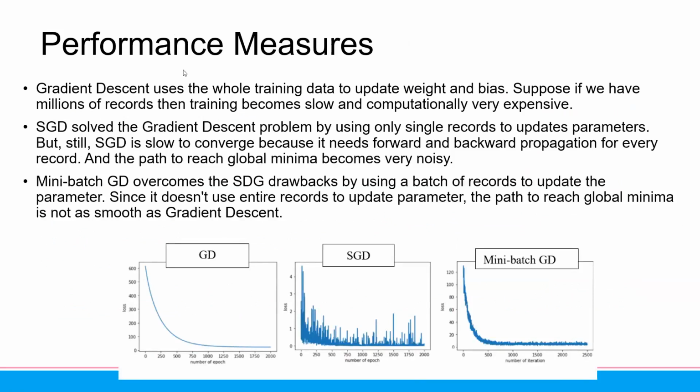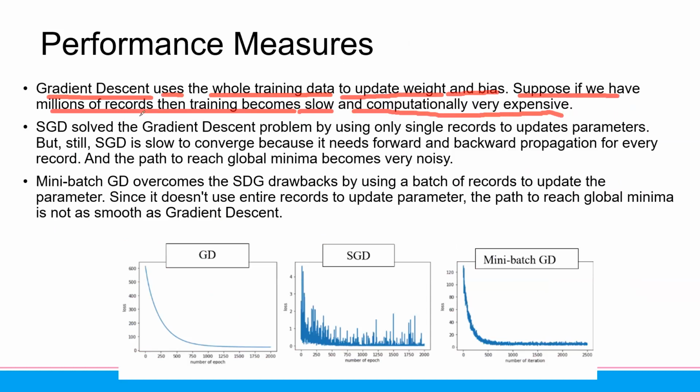In gradient descent, there are three types. The gradient descent uses the whole training data to update weight and bias. Suppose we have millions of records, then training becomes slow and computationally very expensive. So if we use the whole training data, of course it will be very slow.